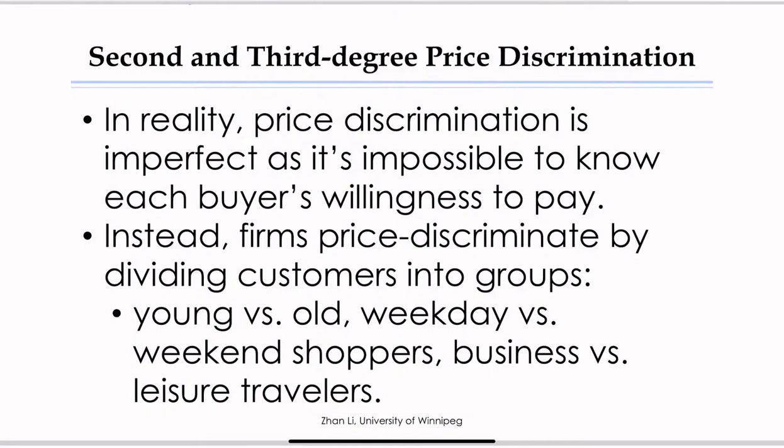And more realistically, the firm will use the following trick, right? The firm will divide customers into different types: young versus old, weekday versus weekend shoppers, business versus leisure travelers. So this is essentially about third degree price discrimination.